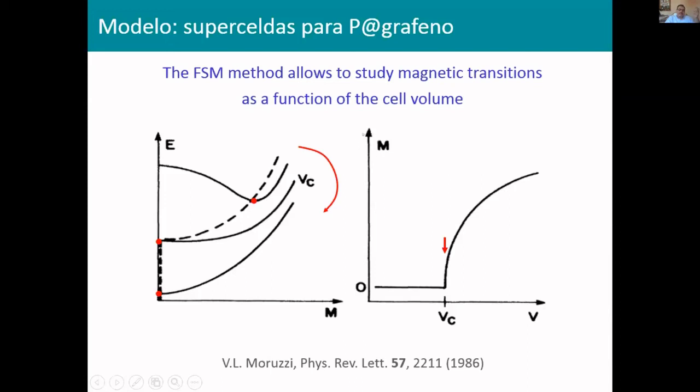In this way, we can plot the magnetic moment as a function of the volume. We start from the equilibrium and apply pressure, and eventually we have a transition where the system goes from a ferromagnetic state to a paramagnetic state. This technique was introduced and used by Moruzzi many years ago, and produced very interesting results that contributed to understanding magnetic phase transitions, mainly in transition metals.